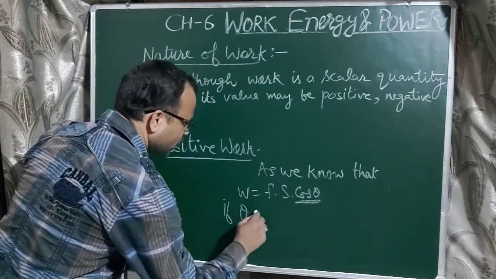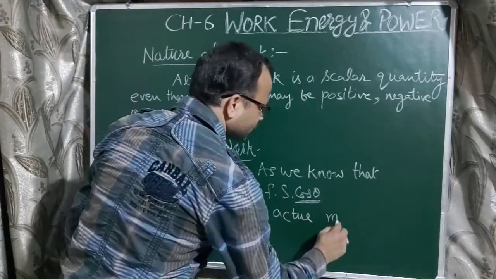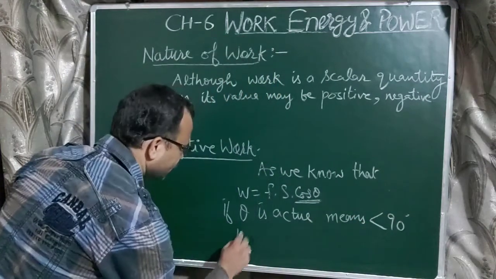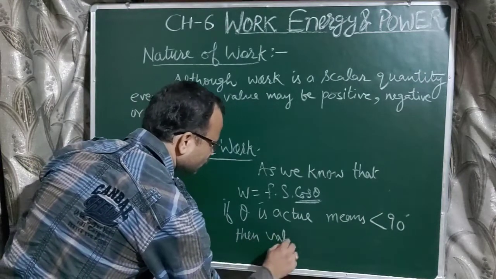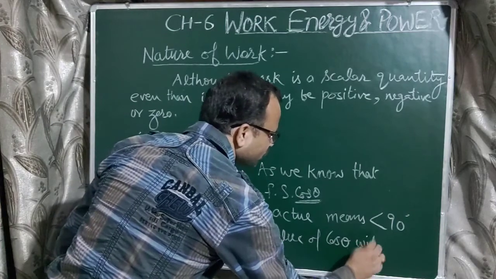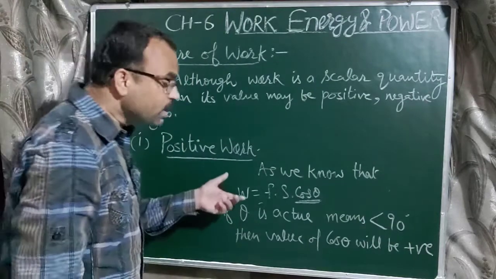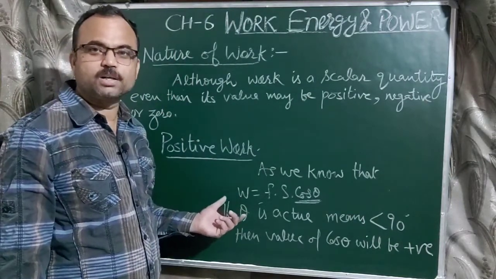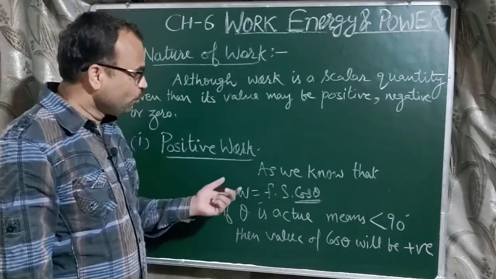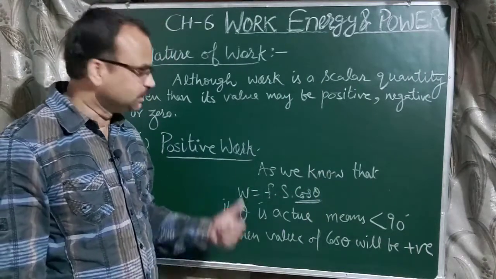If theta is acute, means less than 90, then value of cos theta will be positive, then work done also positive. It means we can say that when force and displacement are in same direction, then work will be positive.